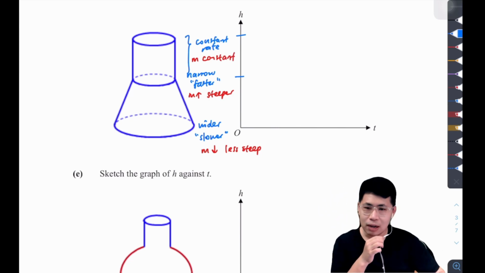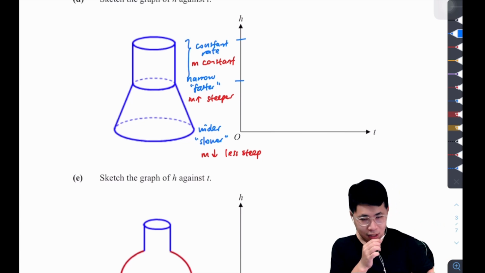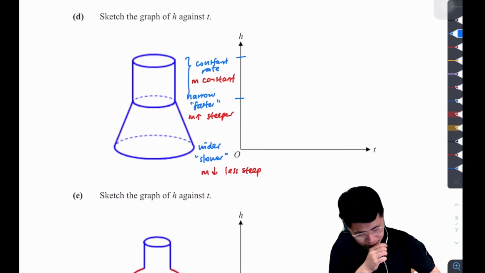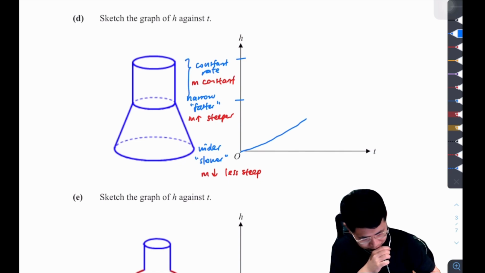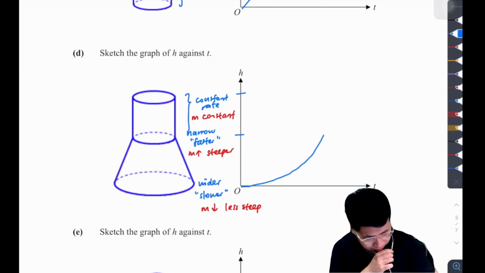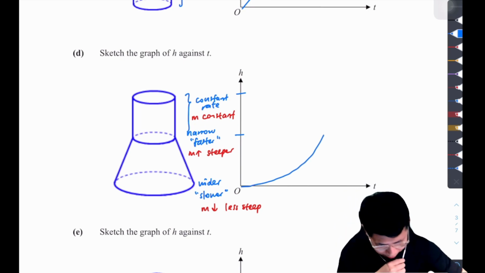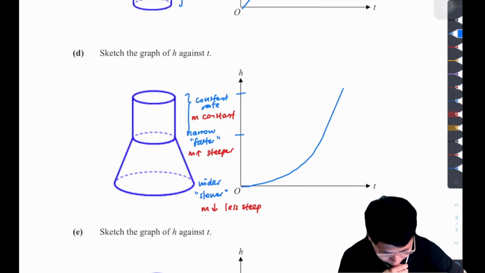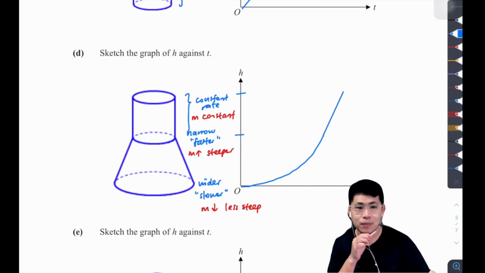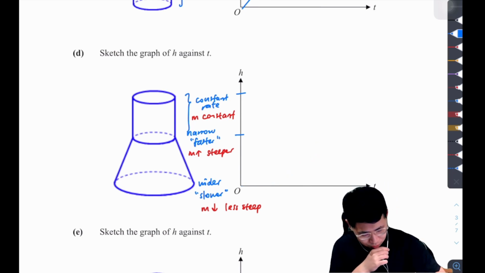Okay, so let's put everything into the graph over here. We have something which is less steep, to something that is steeper, like this. Less steep to something steeper. And we're going to continue the graph until it is filled with a constant straight line. It will look something like that, a straight line. If you don't want to make it so obvious, it's also fine.